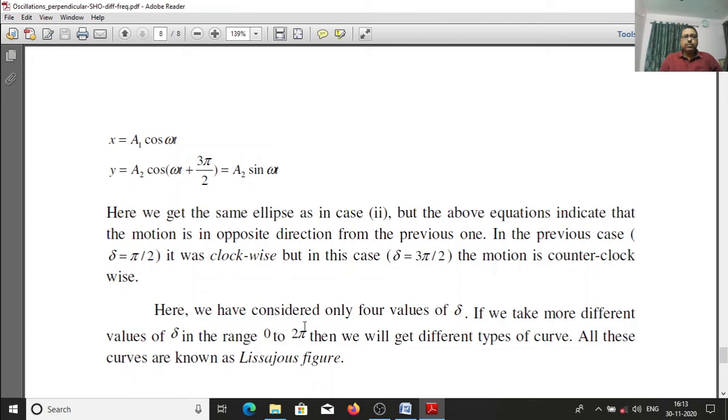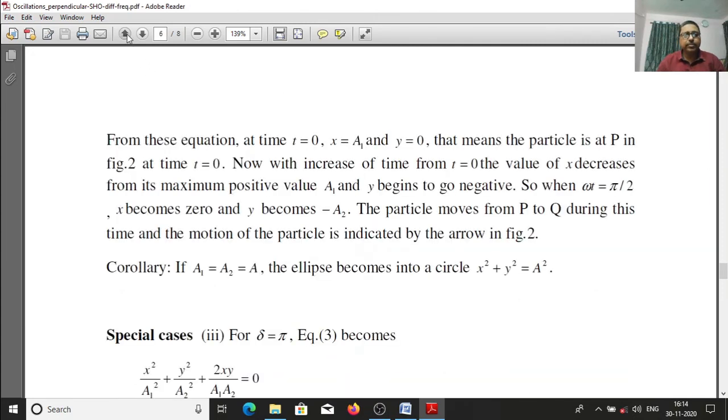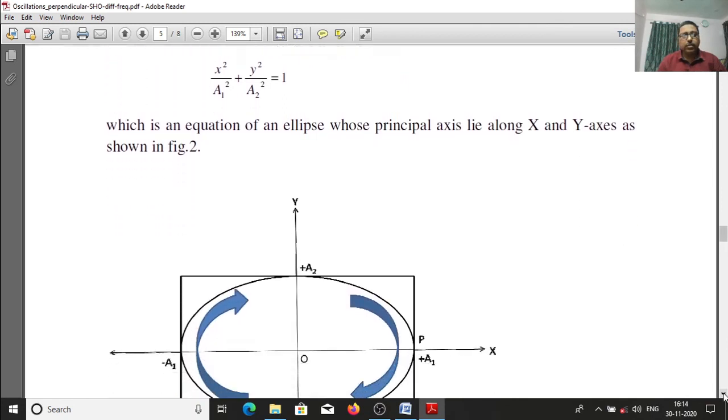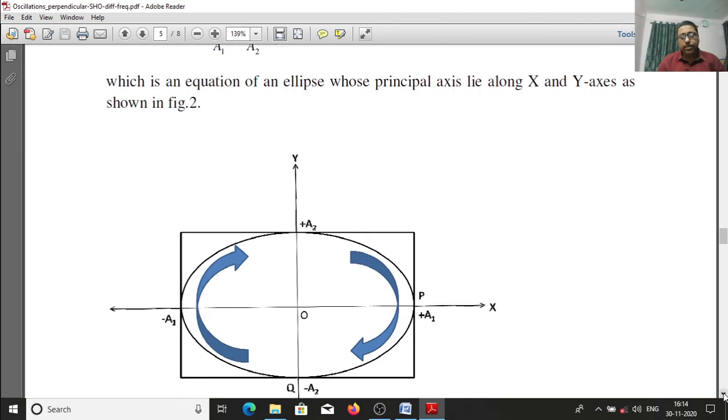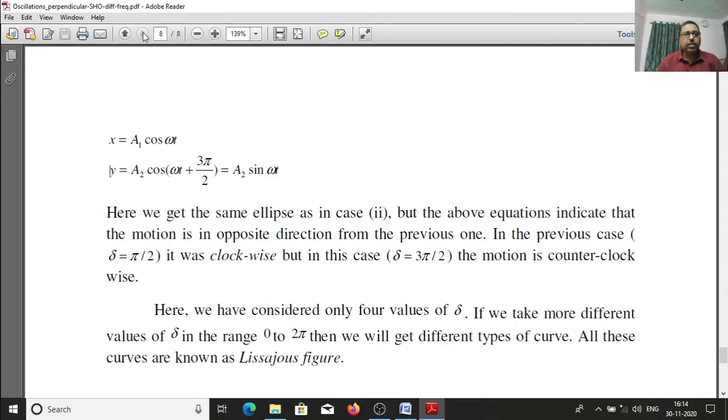Here we get the same ellipse as shown in case 2, but the above equation indicates that the motion is in the opposite direction.